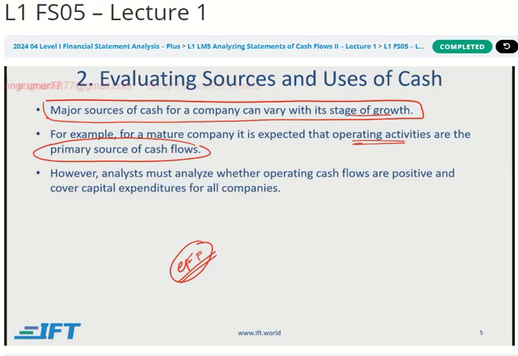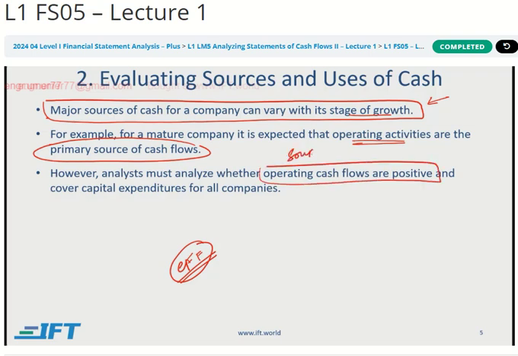So as a provider of capital, we need to be very careful to analyze what is the current status of this company, what stage of growth it is at, and even more importantly than that, the cash flows that it is generating, whether they're coming from operating cash flow or financing cash flow.